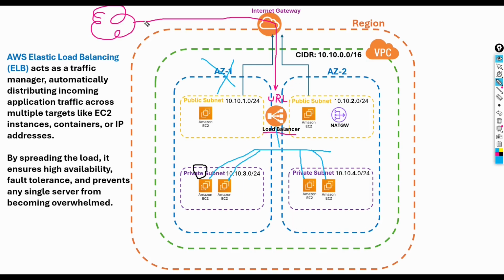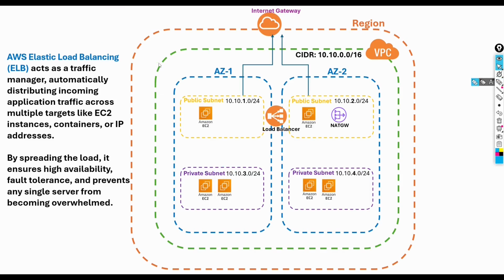Whatever request is coming from the internet, this load balancer shares that load between these servers. So the load balancer is the traffic manager and automatically distributes the traffic among all these servers. It also provides fault tolerance. If this AZ goes down, then it will serve from this AZ.